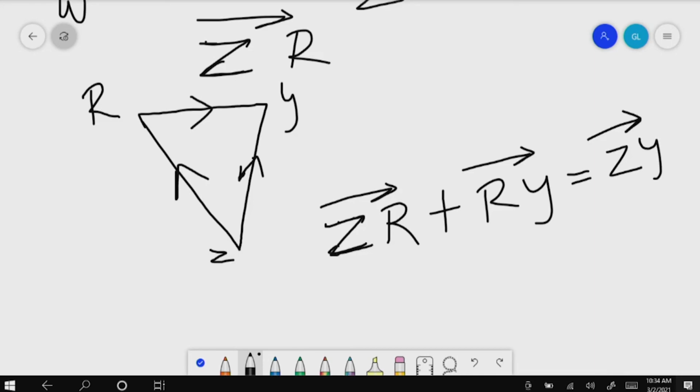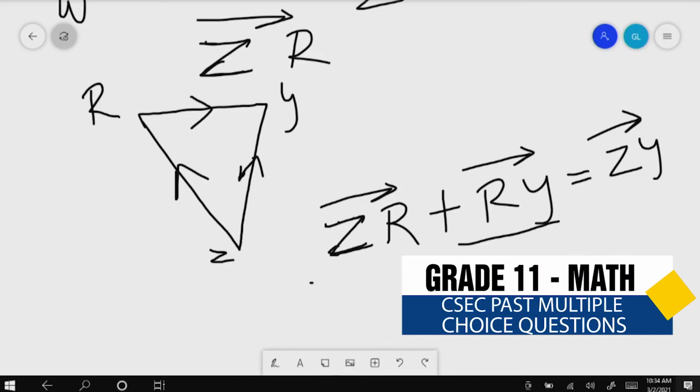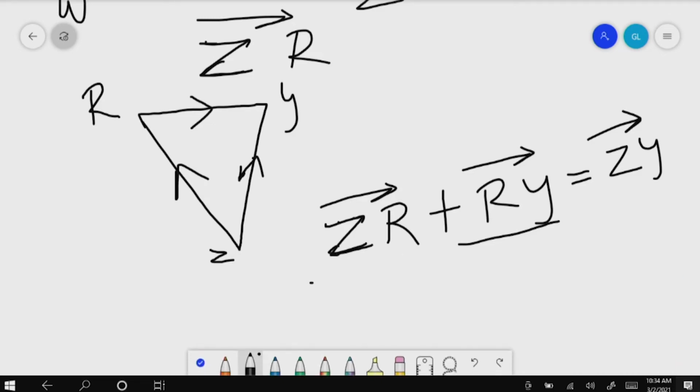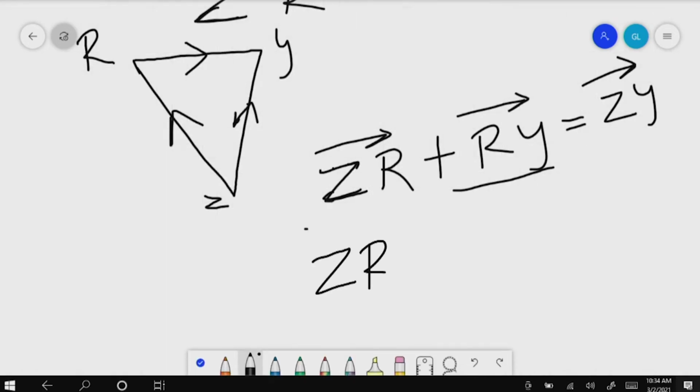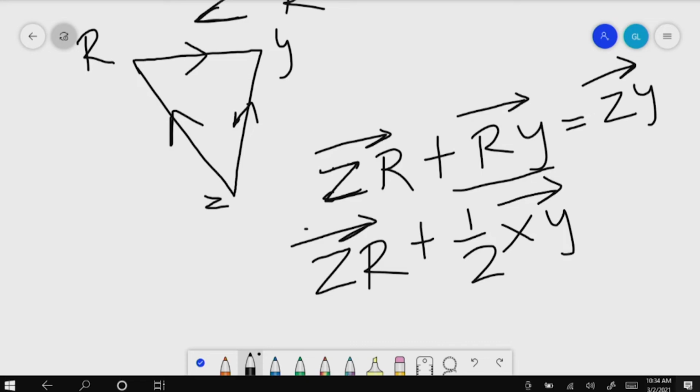Now, if we were to look at what is the value of RY, RY would have been half of vector XY. So in substituting these values here, we could see that ZR plus half of vector XY, which would have been the same as RY, is equal to vector ZY.